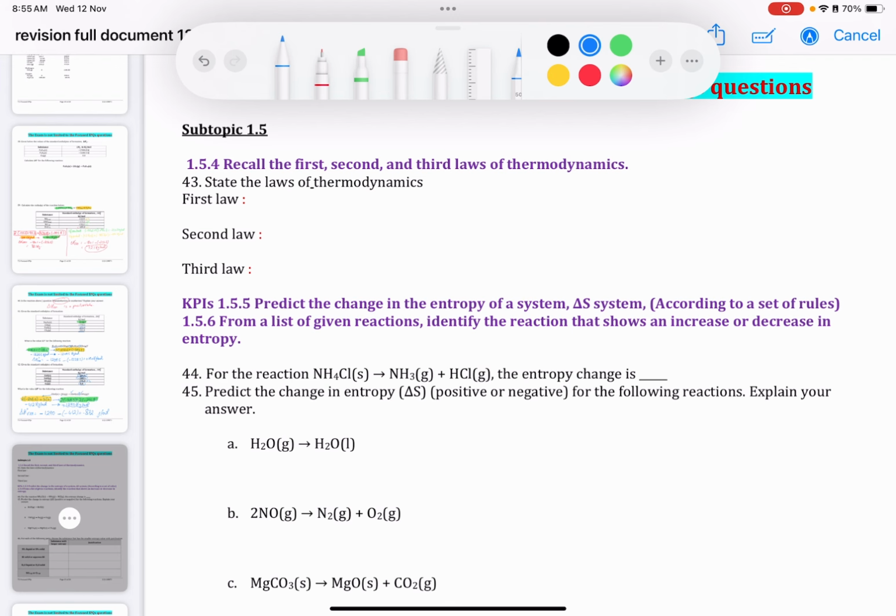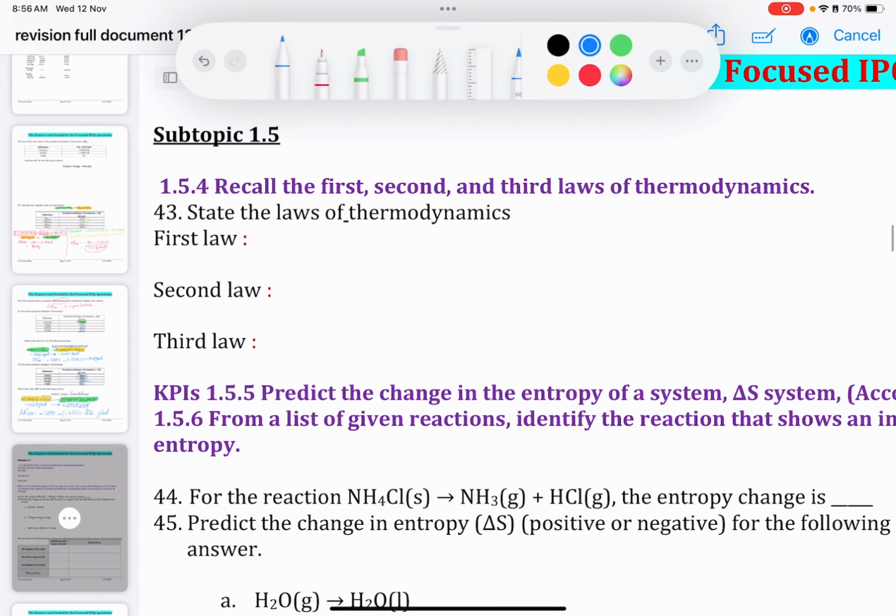In this topic, you need to know the 3 laws of thermodynamics. The first law is a law that you are very familiar with. It's that the energy of the system is always the same. It's not lost, it is not gained, it's just converted from one form to another.